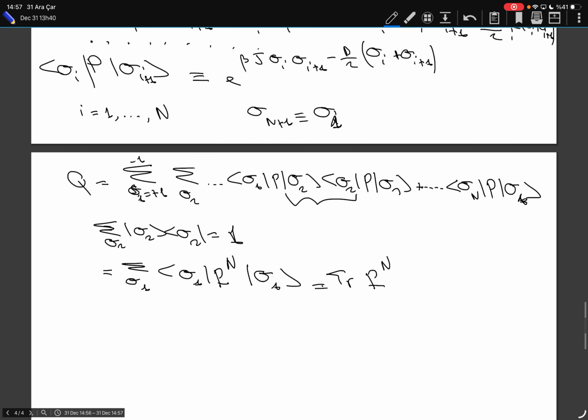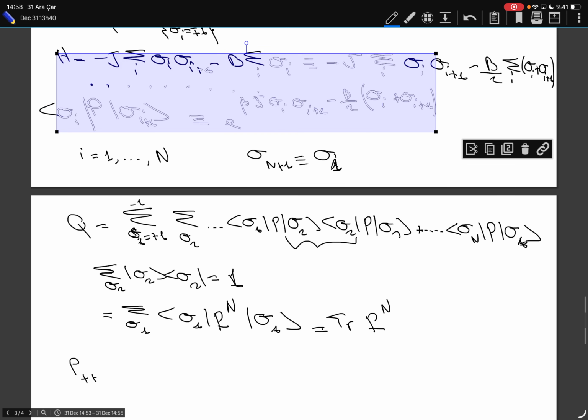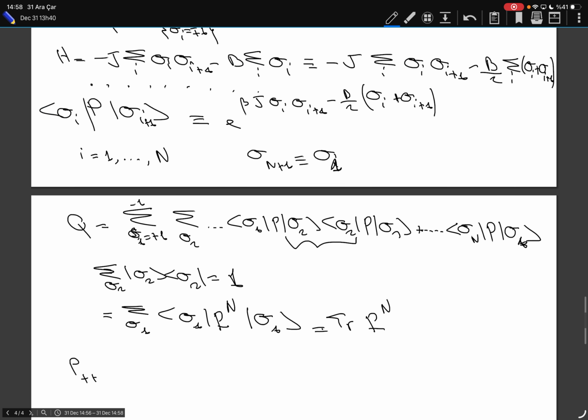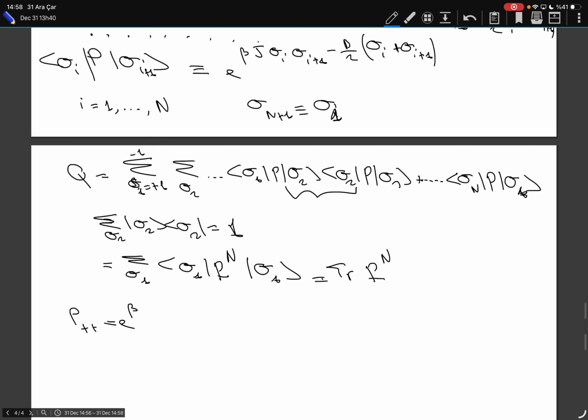And P, let's say P plus plus, it has 4 components. This is the definition of P over here. Now, P plus plus will give me e to the power beta J minus B. P minus minus is the same.